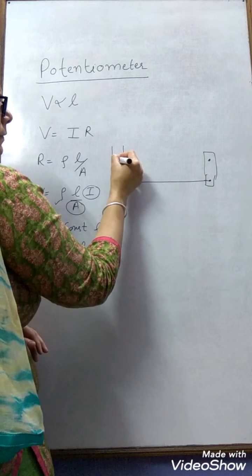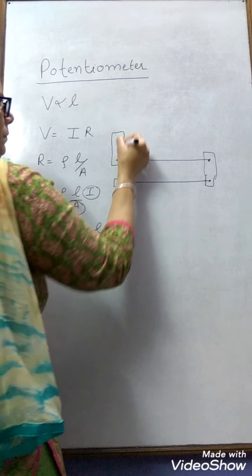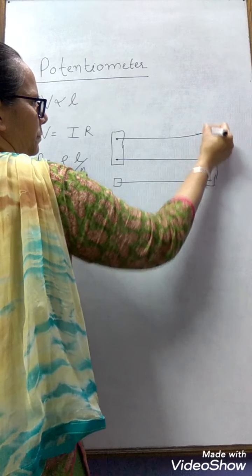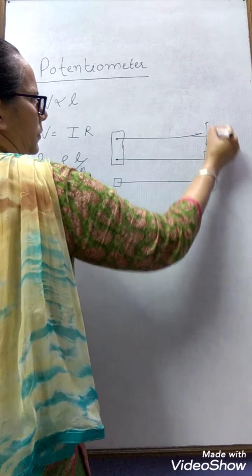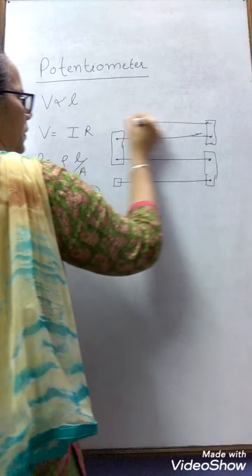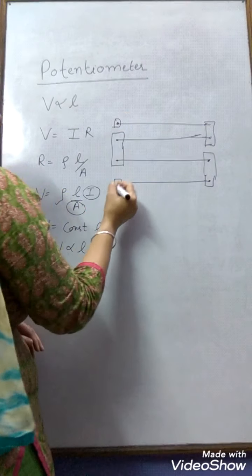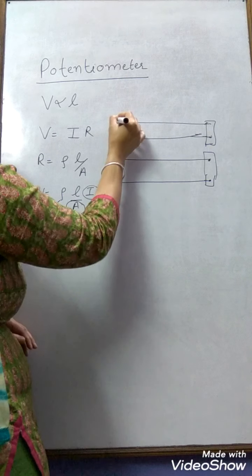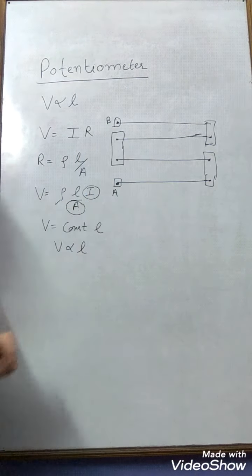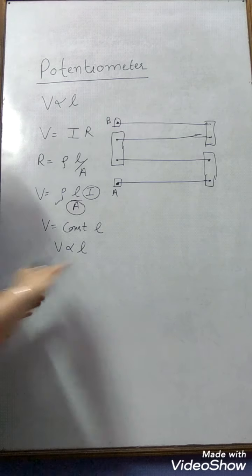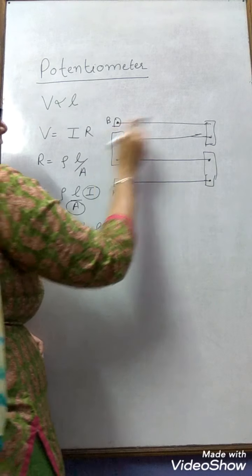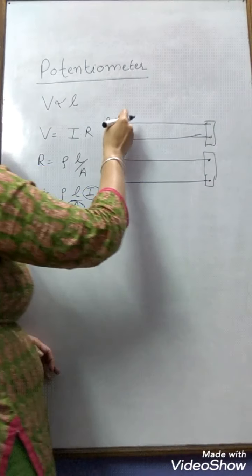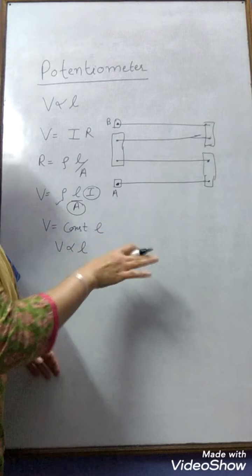This one, four segments. Now these two are the terminals A and B of the potentiometer, and this is on a wooden board. 0 to 100, 100 to 200, 200 to 300, 300 to 400 centimeter, 4 segments.